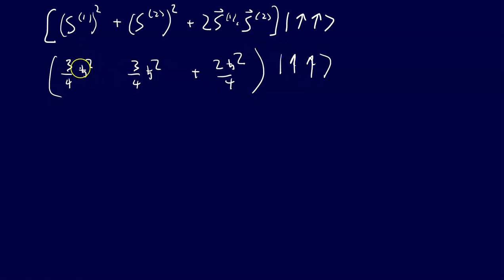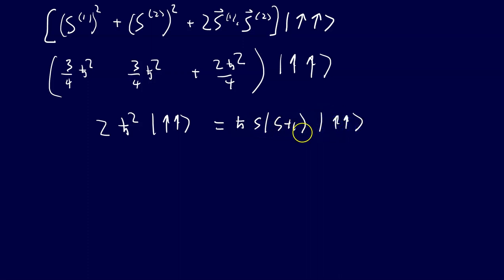When you add these, it's 1, 2, 3, 4, 5, 6, 7, 8 over 4, or 2 h bar squared, which is good because we want to get h bar squared times s(s+1). In class, we talked about how this is a spin 1 state, so we actually get what we want. So that's nice, and that's what Griffiths does. He's kind of proving that you get this.